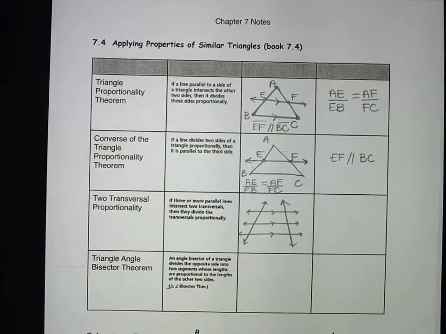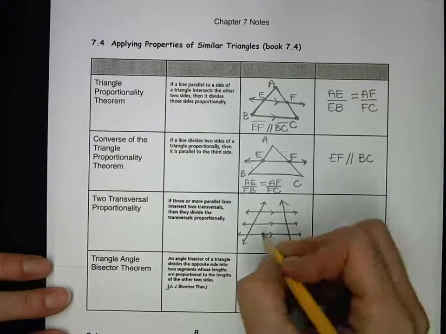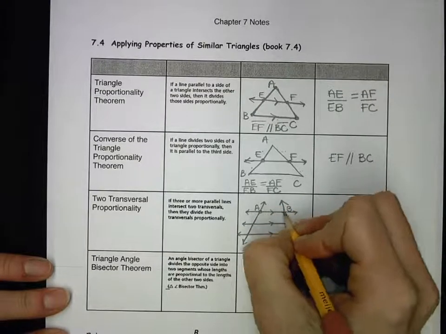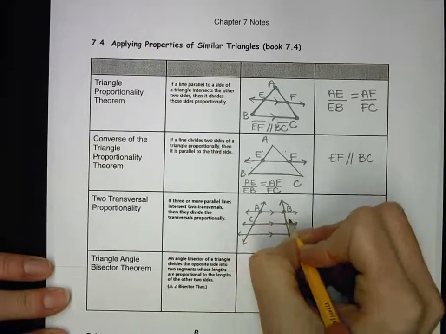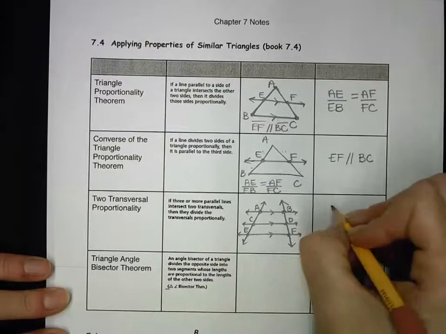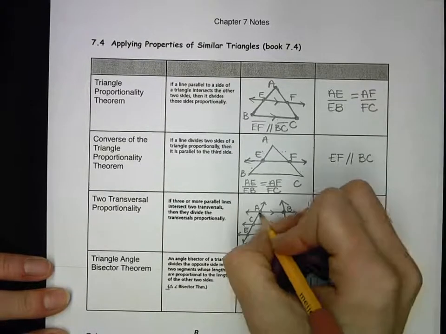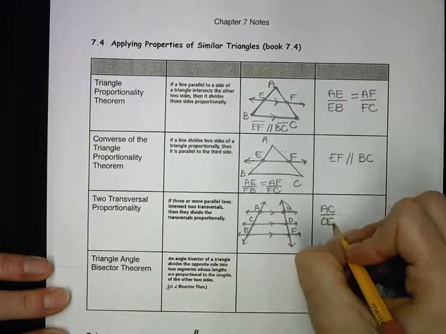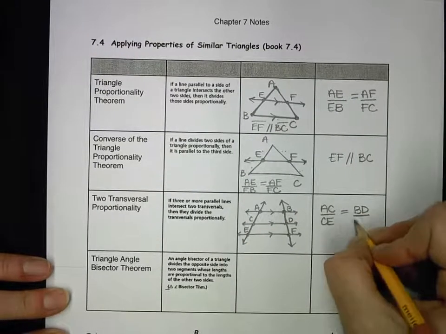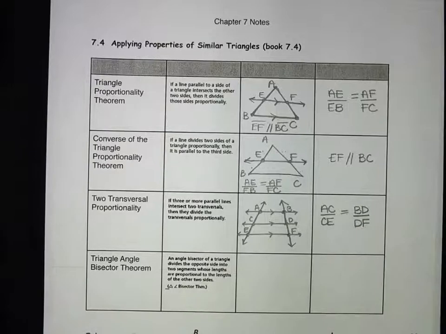So if we know those lines are parallel, then we can divide these sections proportionally. If I call it A, B, C, D, and E, F, if these lines are parallel, then we know that AC over CE is going to equal BD over DF. So it's very similar to the triangle proportionality theorem, except it's not in a triangle.